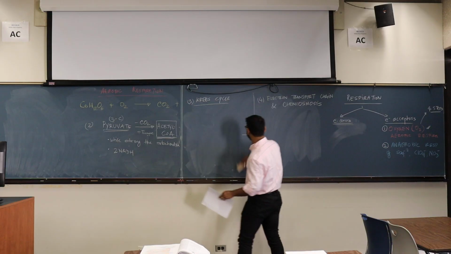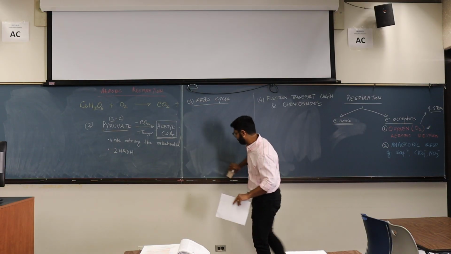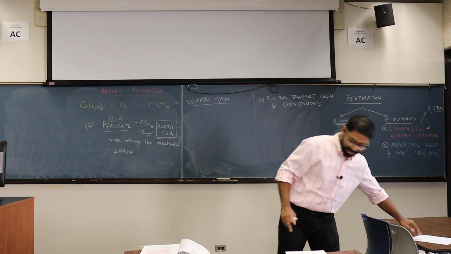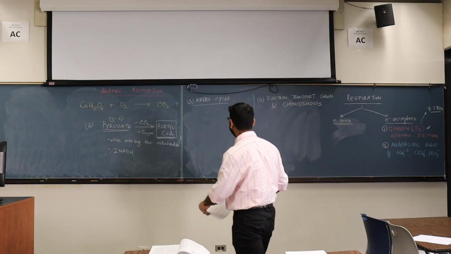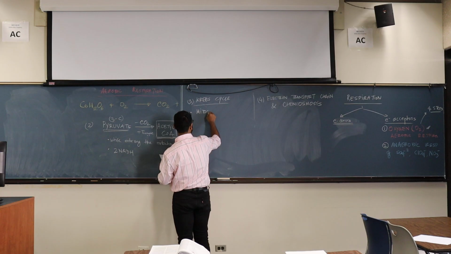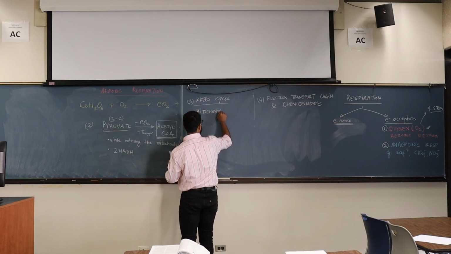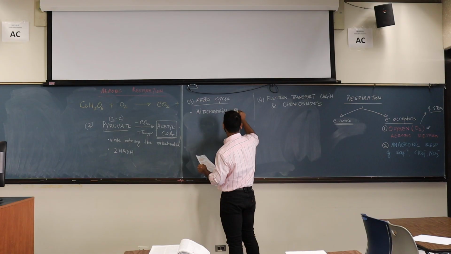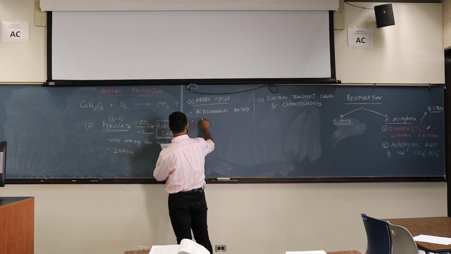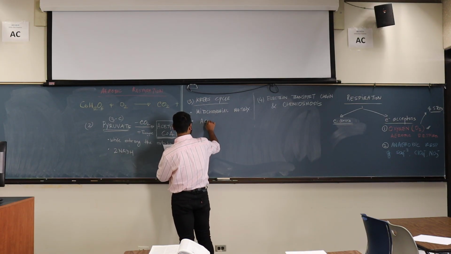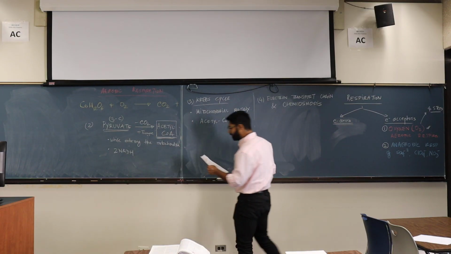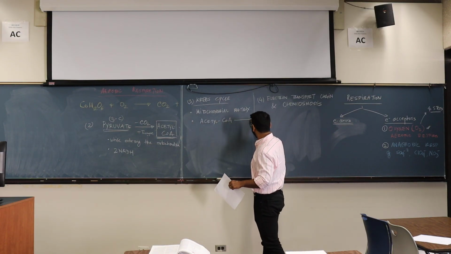Now, moving into the Krebs cycle. Now we are in the mitochondria. When you are in the mitochondria, you now have access to the acetyl-CoA. And this is the mitochondrial matrix. This is happening inside the mitochondrial matrix, and the acetyl-CoA is completely burnt.